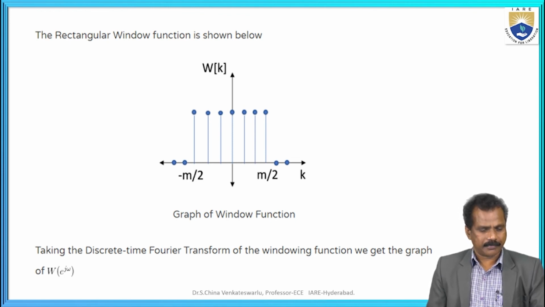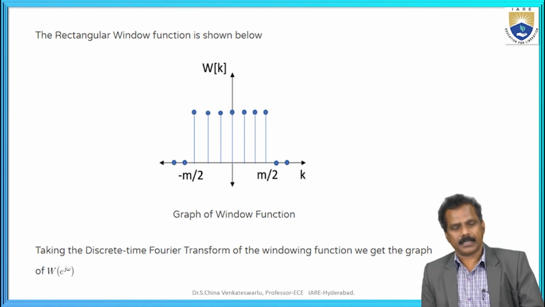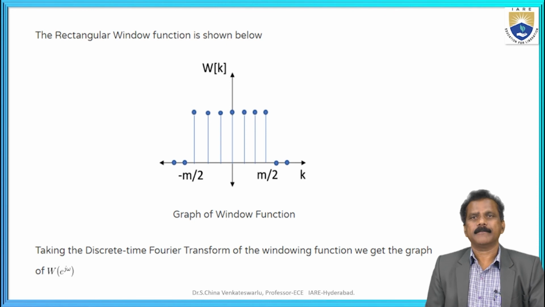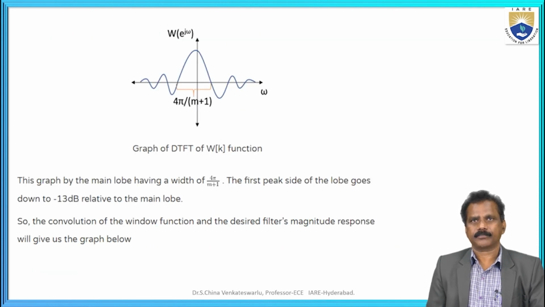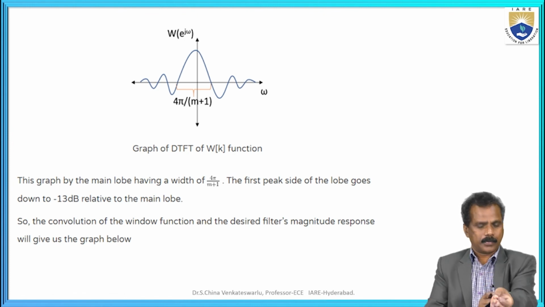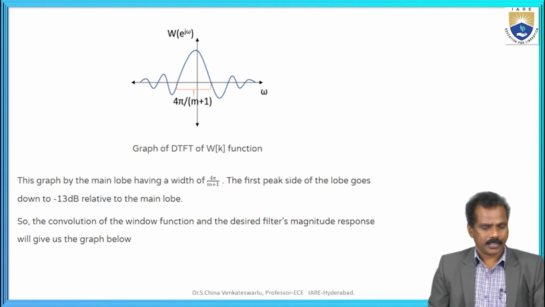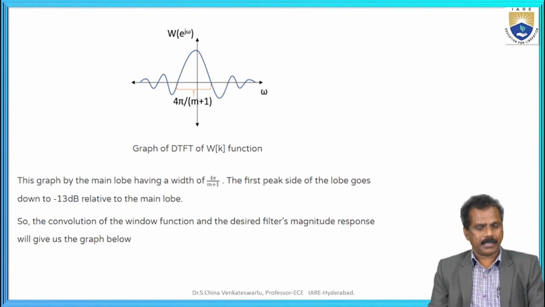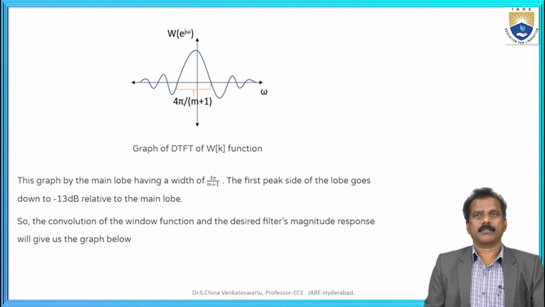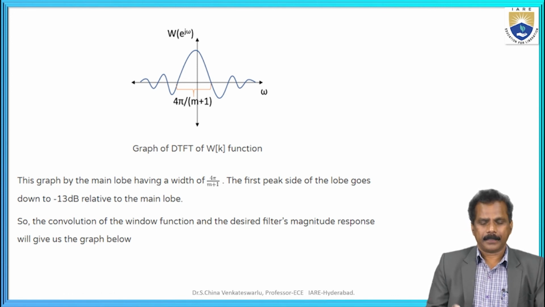Taking the discrete Fourier transform of the windowing function, we get the graph of W of e power j omega. Based on this graph, the main lobe has a width of 4 pi by M plus 1.